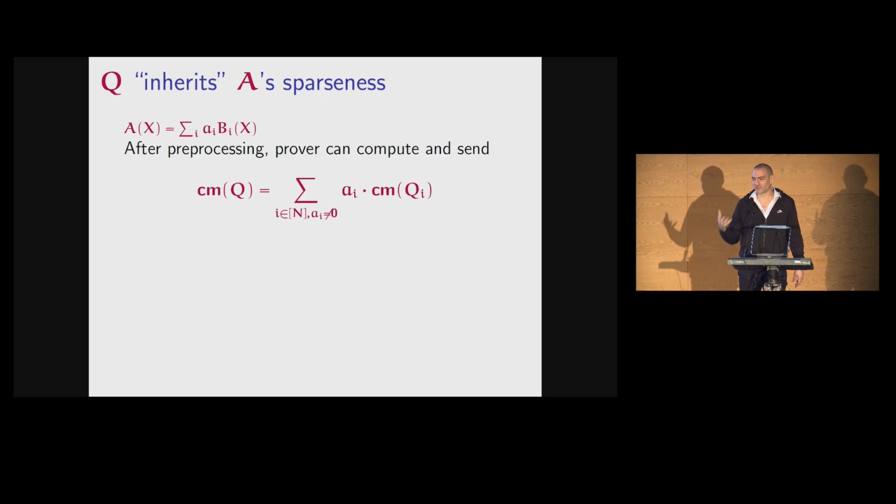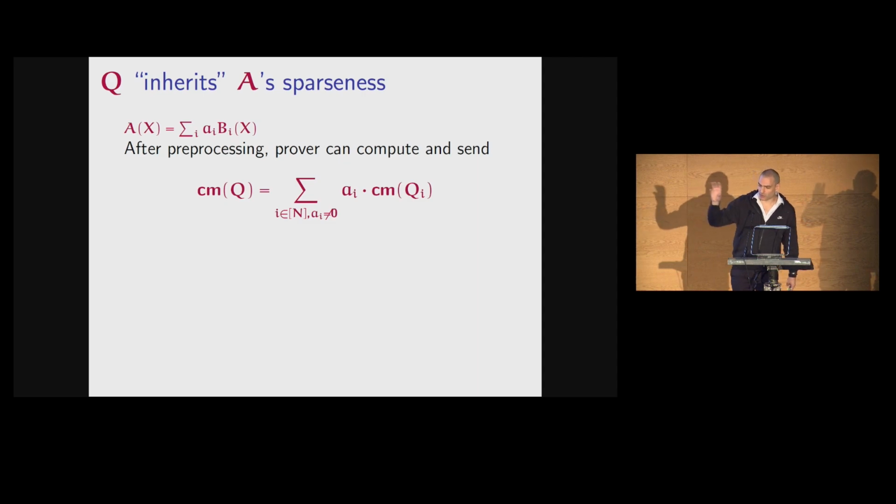So more precisely, to remind you again, A is this sum AI BI, where most of the AIs are 0. So Q, you can check just from the linearity of division, is going to be sum AI QI.